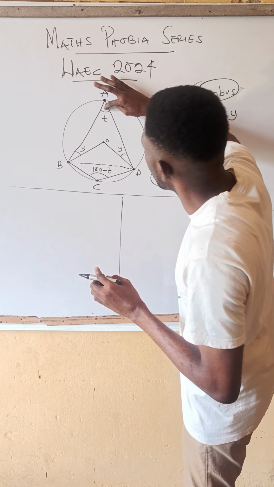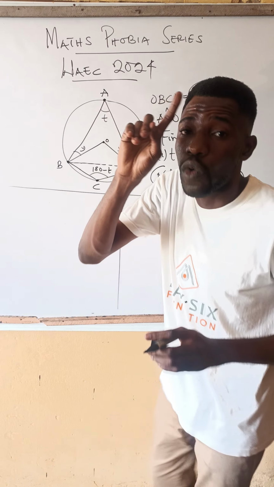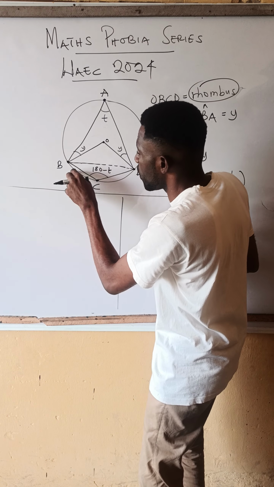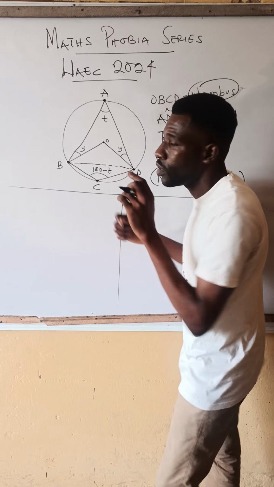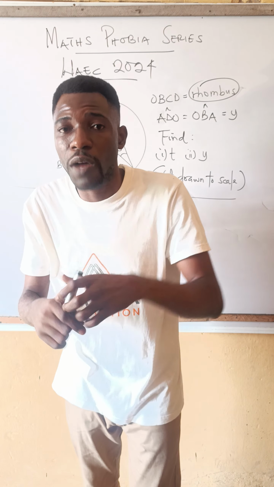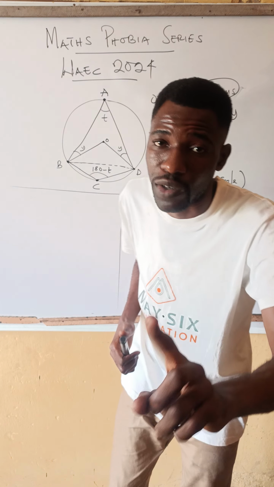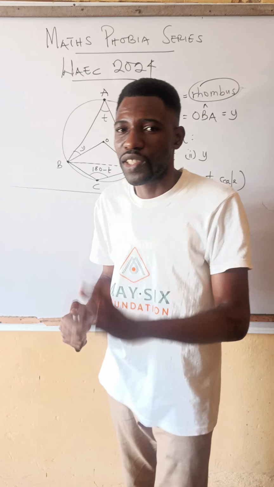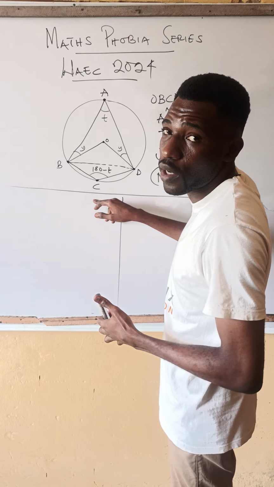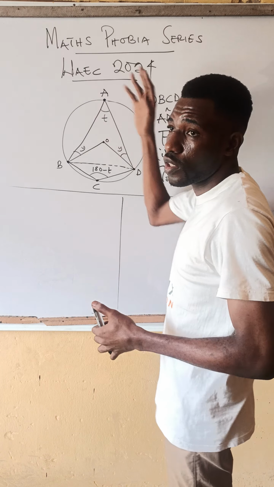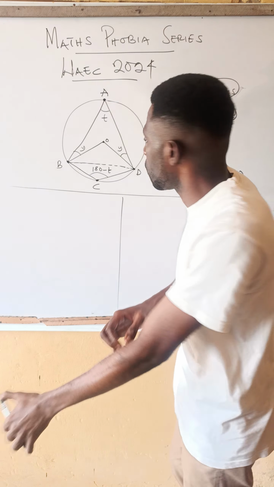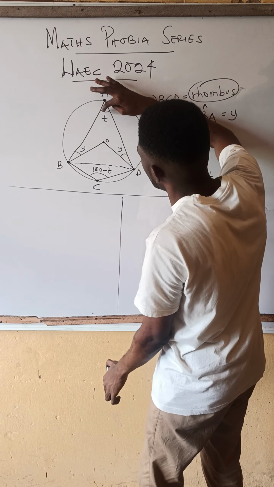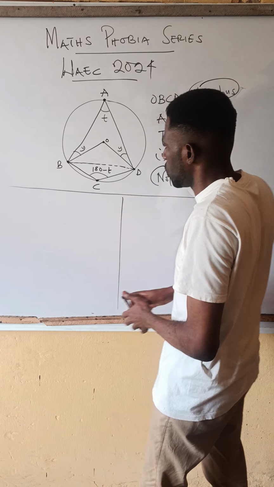So the angle on B plus the angle on D should give me 180. That means the sum total of the angles in the cyclic quadrilateral is 360 degrees. When this plus this gives 180, and this plus this gives 180, the overall total is 360 degrees. Now follow me. If here is t, to get this side, 180 minus t.